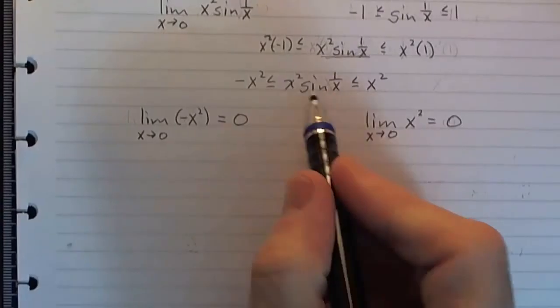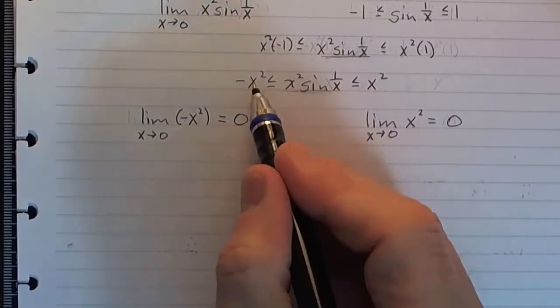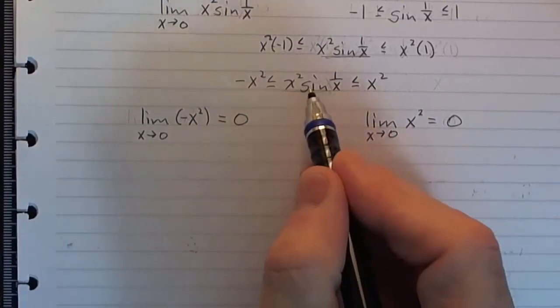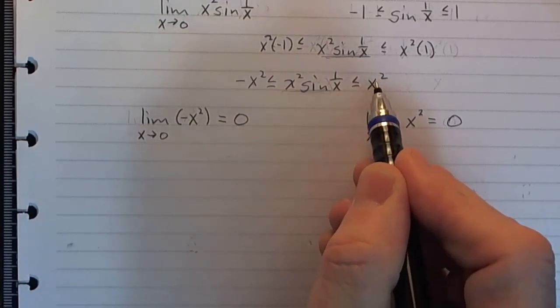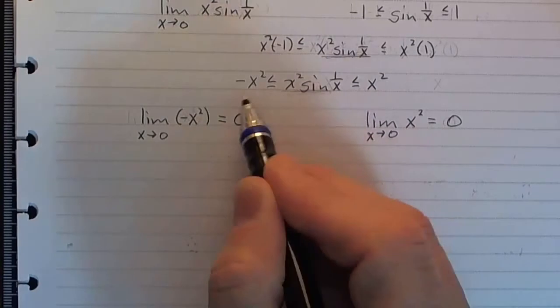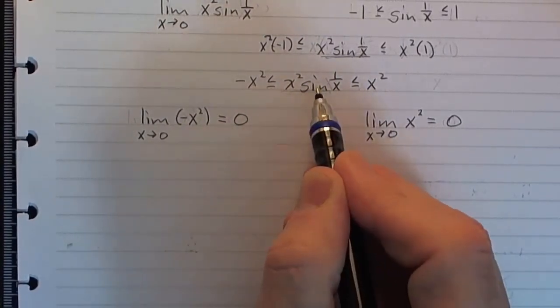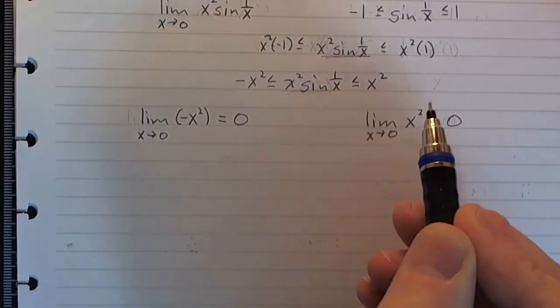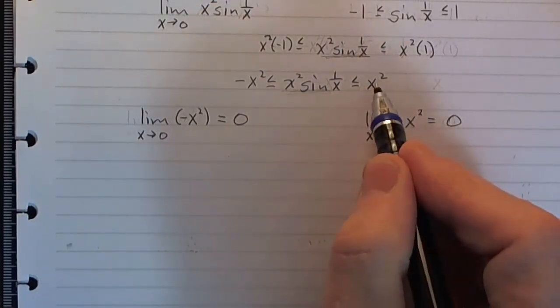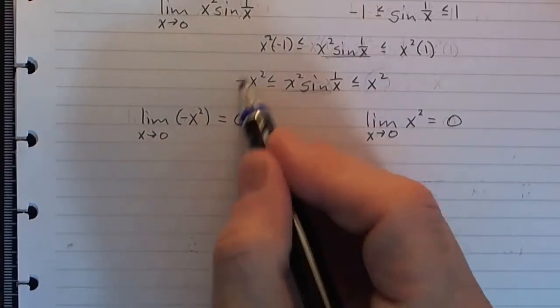Now realize that this inside part is always greater than or equal to -x squared, and it's always less than or equal to x squared. So you can follow these inequalities and see how things line up. This is always less than or equal to this, which is always less than or equal to this. So this limit is 0, and this limit is 0.